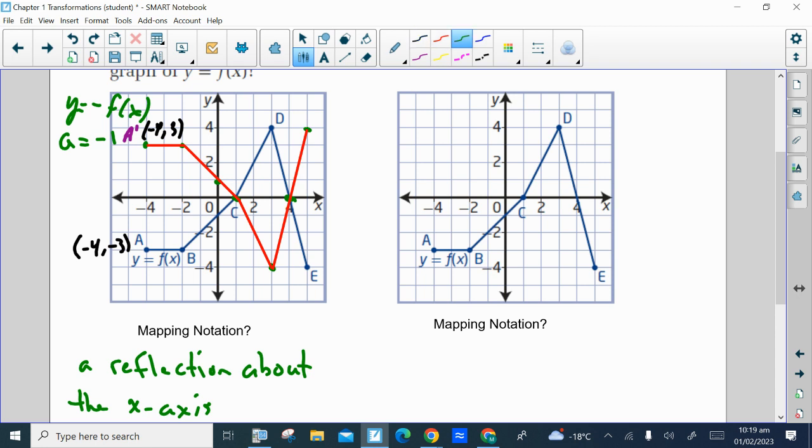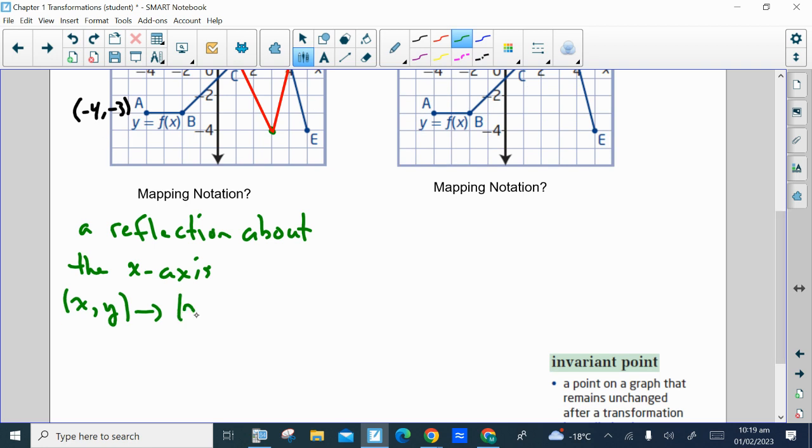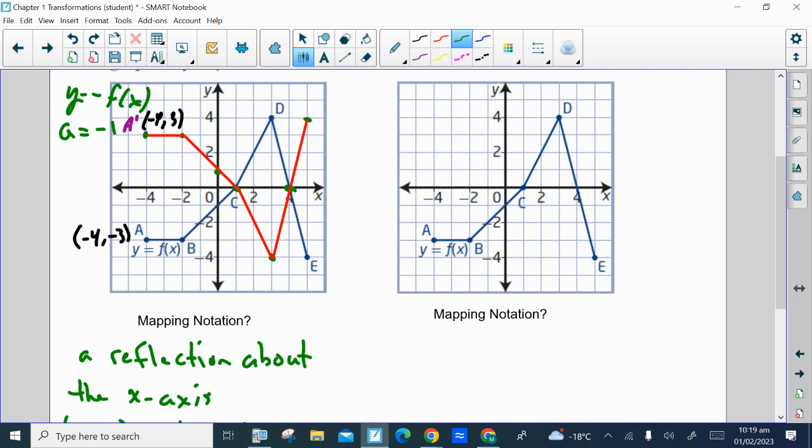We could have done that by multiplying the y value by negative 1. The mapping notation is that (x, y) maps into (x, negative y). The y values are multiplied by negative 1, and that'll be true for all the other points that we transform. The distance away from the x-axis is the same, so the numerical value of y doesn't change, just whether it's positive or negative, because they're reflecting across the x-axis.